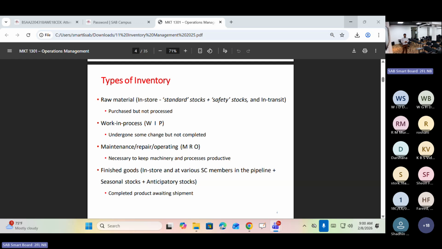So if you only have a just-in-time arrangement, you won't be able to face such sudden disruptions in the supply chain without maintaining any inventory levels.